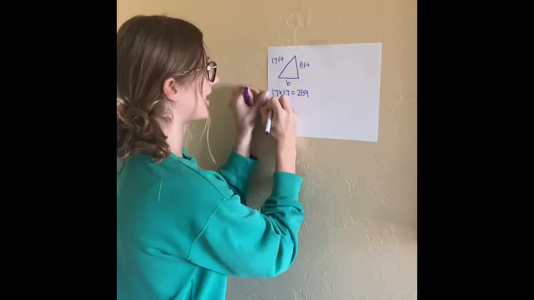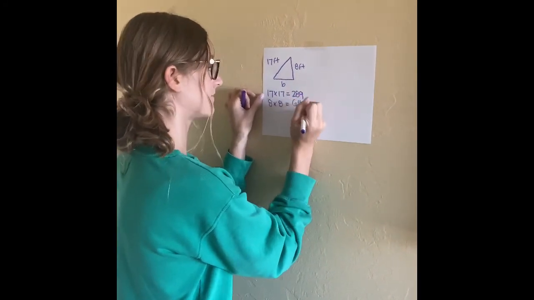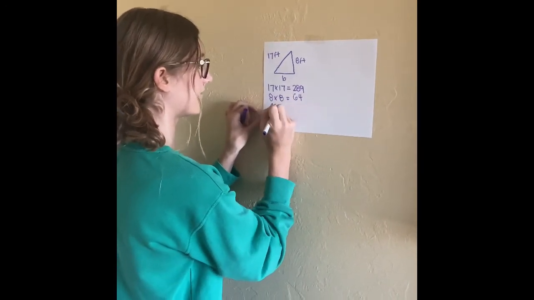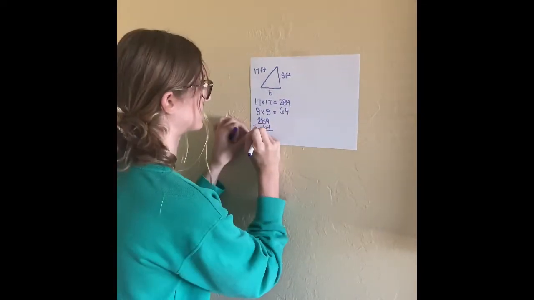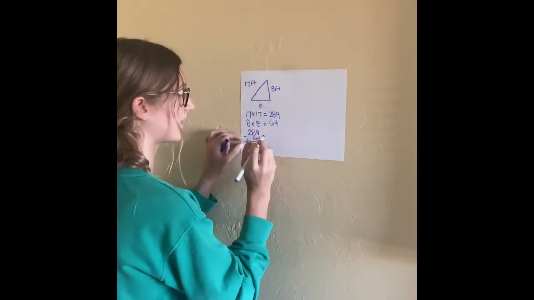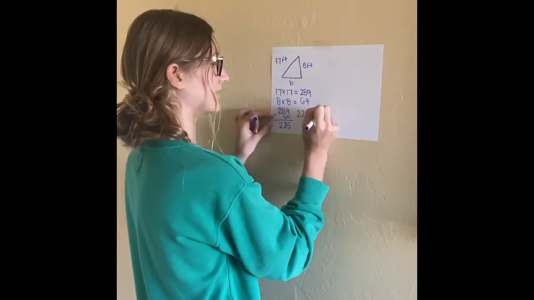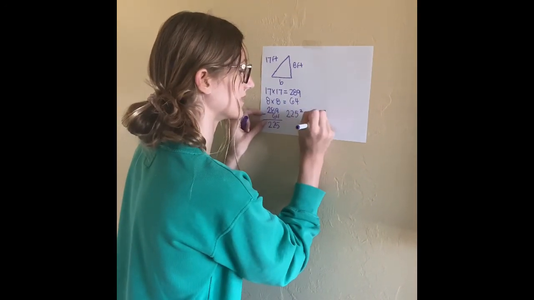Then we're going to do 8 times 8, which would give us 64. Then we're going to subtract 289 minus 64, and that's going to give us 225. The square root of 225 is 15, so 15 is our final answer.